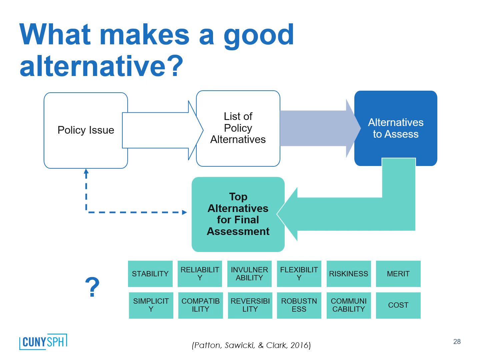And then once we have our alternatives identified and refined, the next question becomes, which ones are worth pursuing further? Here, Patton, Sawicki, and Clark provide us a set of screening criteria that can help analysts determine what makes a good alternative. We have stability and reliability. Will it hold up under changing conditions? Flexibility and robustness. For example, can it adapt if circumstances shift?